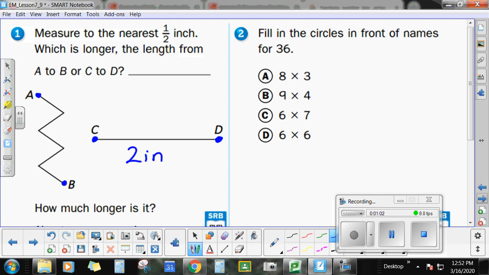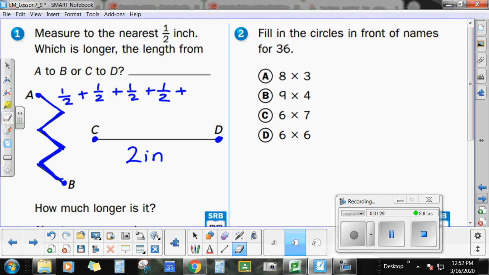And when I measure each of these sections here, this section is 1/2 of an inch, this section is 1/2 an inch, this section is 1/2 an inch, this is 1/2 inch, and this is 1/2 inch. So when I do 1/2 plus 1/2 plus 1/2 plus 1/2 plus 1/2, what does that equal? 1, 2, 3, 4, 5, that equals 5 halves.